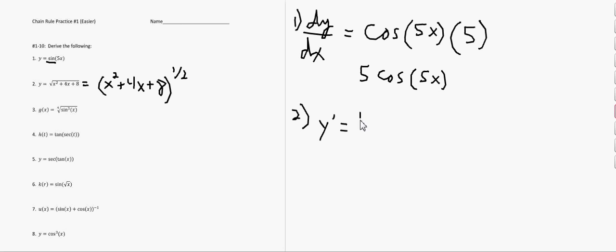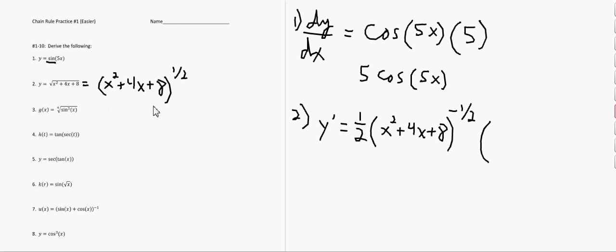So when you derive that, you bring down the 1/2, so you're going to get 1/2 of this thing. The inside does not change: x squared plus 4x plus 8. And now the exponent, it was 1/2. We brought it down, we multiplied by the 1/2, and now you subtract 1 off of there, and that gives you negative 1/2.